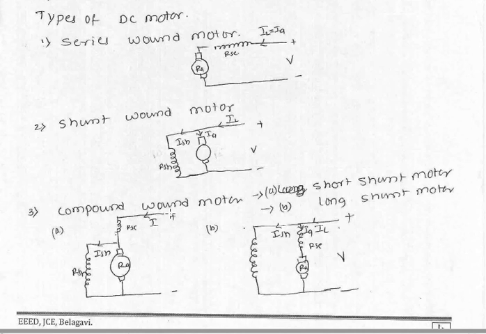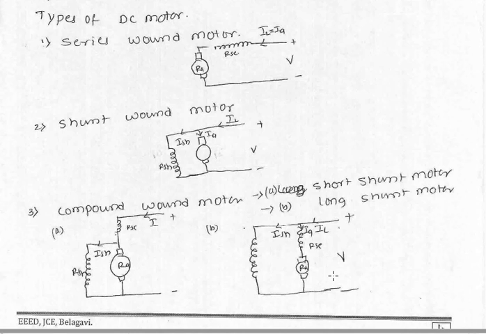When the current flows, the complete load current IL will flow through this part of the winding. When it comes to this node, it will get divided into two parts. One is the armature current IA, and the other is the current through the part of the field winding which is in parallel with the armature winding, that is ISH.